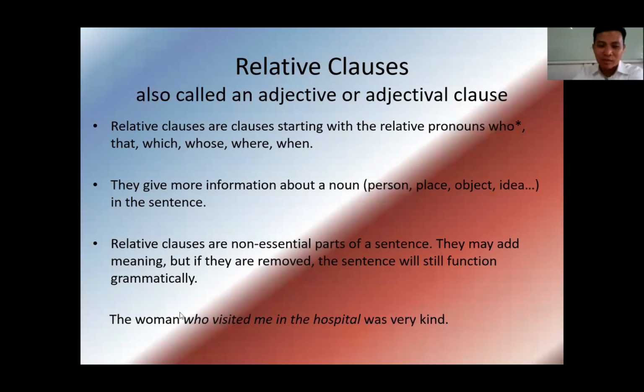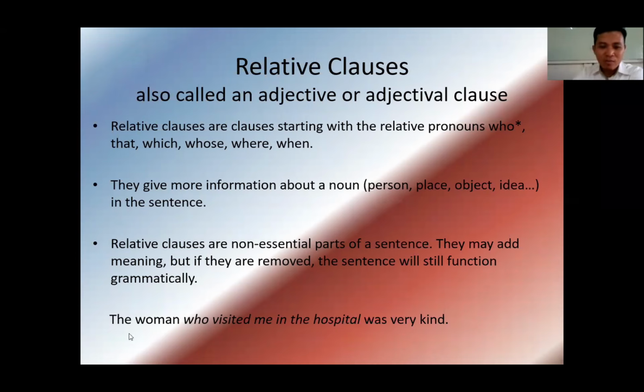Which is the relative pronoun here? Who, right? So because it starts with the relative pronoun, which is the relative clause? Who visited me in the hospital is the relative clause.